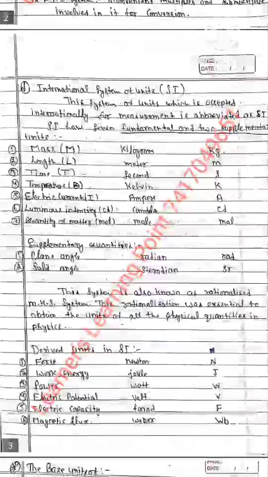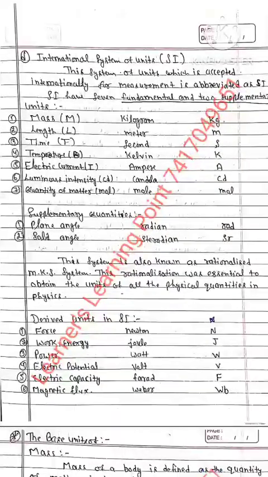Now we can discuss the International System of Units, that is, SI units. This system of units, which is accepted internationally for measurement, is abbreviated as SI. SI has seven fundamental and two supplementary units. Supplementary units are added after the fundamental units.